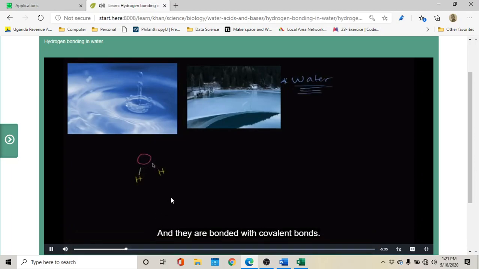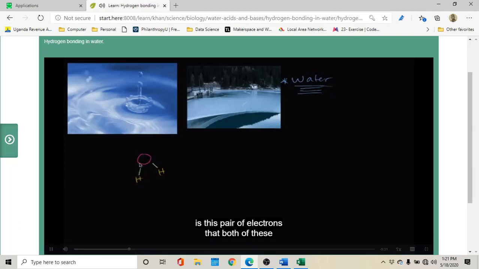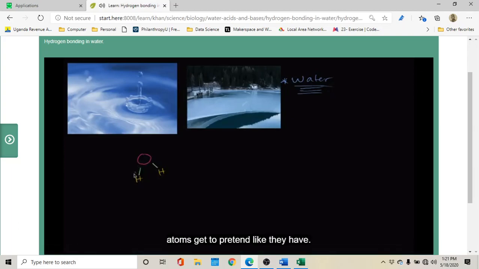That's why I did with covalent bonds. And covalent bonds, each of these bonds is a pair of electrons that both of these atoms get to pretend like they have. And so you have these two pairs. And you might be saying, well, why didn't I draw the two hydrogens on this end? Why didn't I draw them on opposite sides of the oxygen? Well, that's because oxygen also has two lone electron pairs. And these things are always repelling each other.